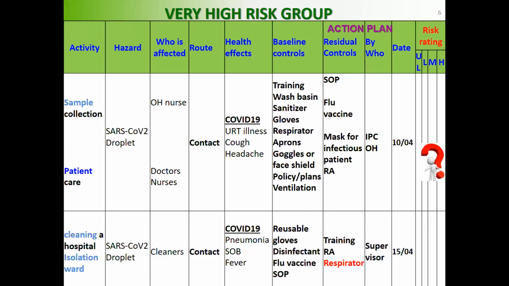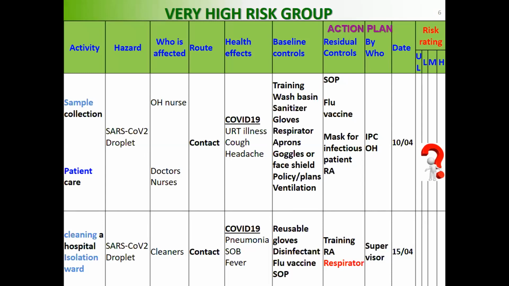So if you don't have a procedure in place, then think about putting an SOP or a policy in place, and then flu vaccine we know is being recommended for all high-risk groups in order to minimize health effects. And then the mask for infectious patients in the healthcare setting, if you don't have that at the moment, that's something to look at, and risk assessment as well.